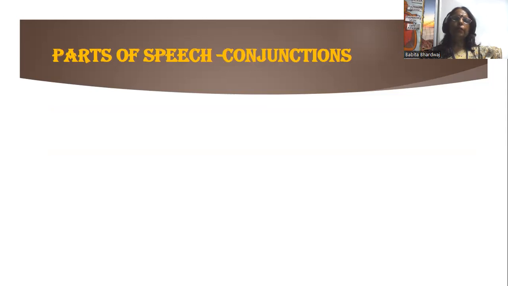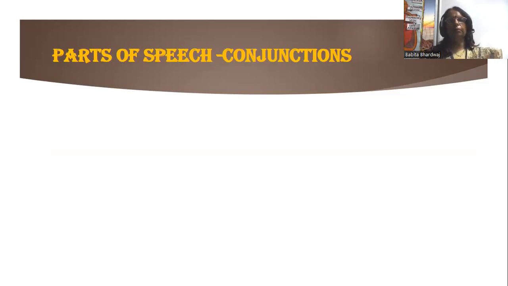So now coming to the next part, that is conjunctions. If again we see the root word over here, this is junction. You must have heard about railway junctions. You know what happens in railway junctions. There you will find different bogies of the trains are connected, right?